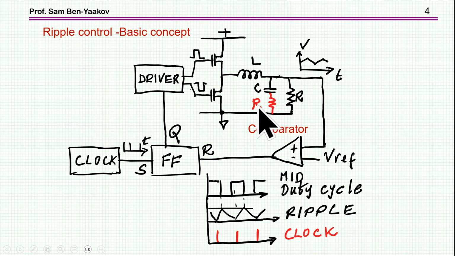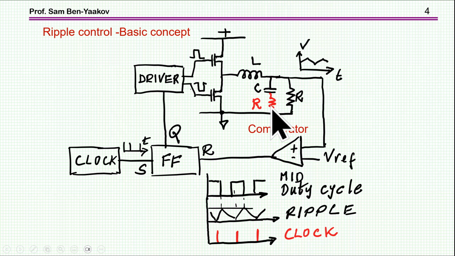It is not just a parasitic element, but it's really important because the ripple that we see here, the triangular waveform, is in fact due to this resistance, okay? So it is inherent in this design of the control that you need this resistance. We'll see later on that you can get by without it, but the basic idea actually relies on this resistance.